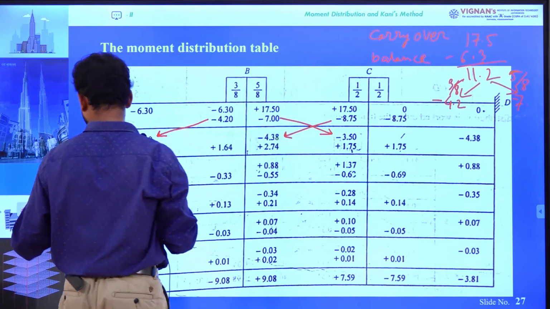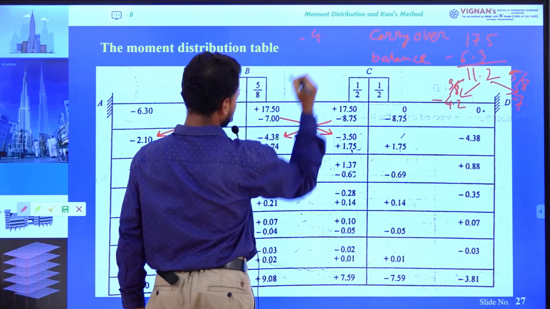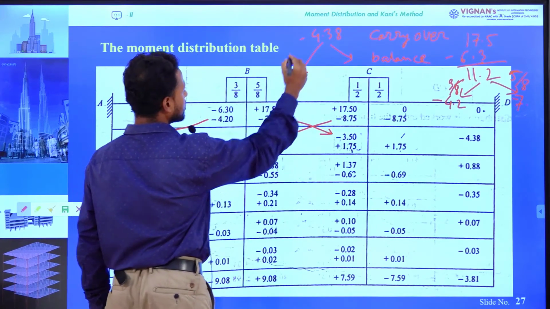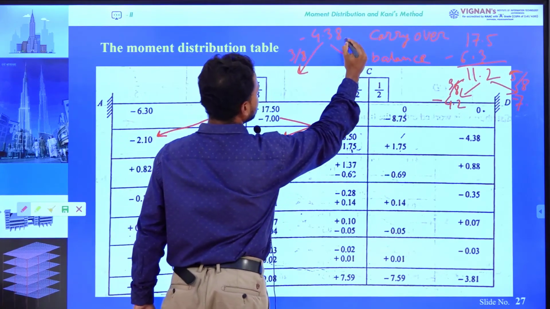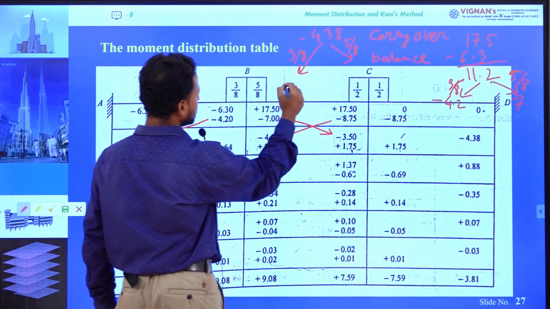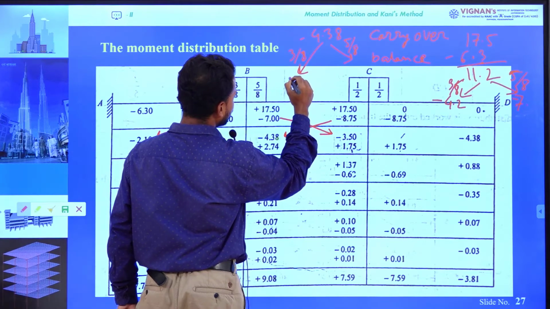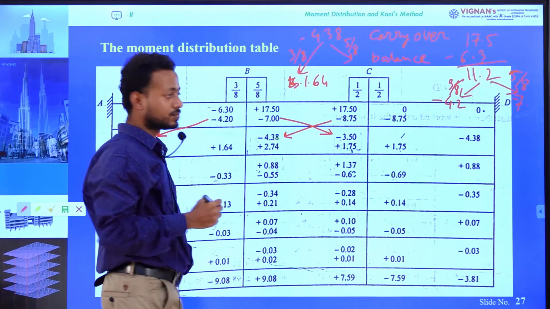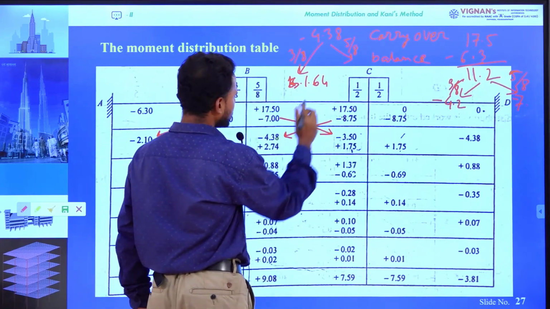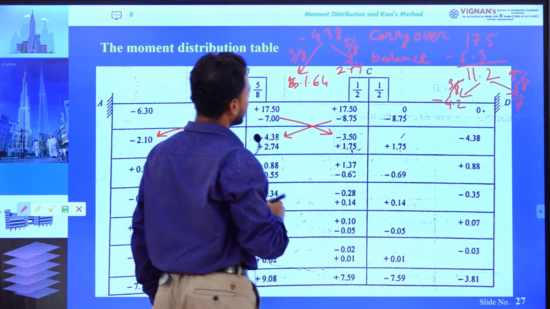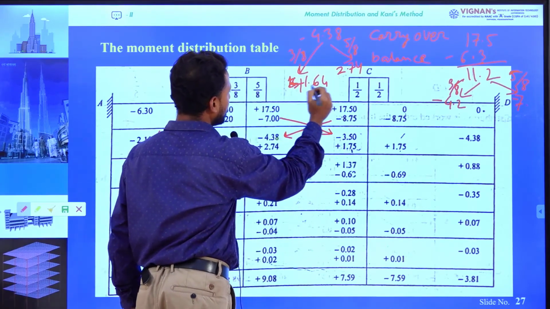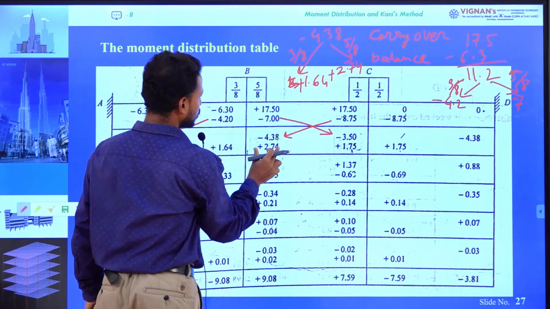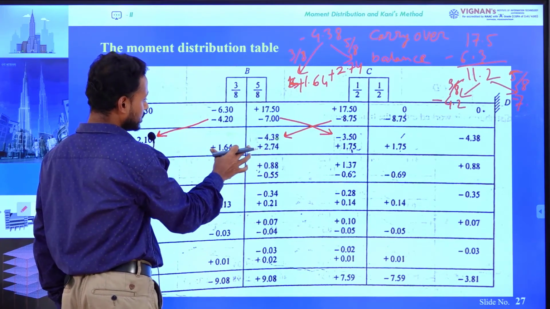If you multiply minus 4.38 by 3 by 8 and 5 by 8, you will get 1.64 and 2.74. As this is minus, you have to keep it plus, so I keep here plus 1.64 and plus 2.74. This is the balance moment.